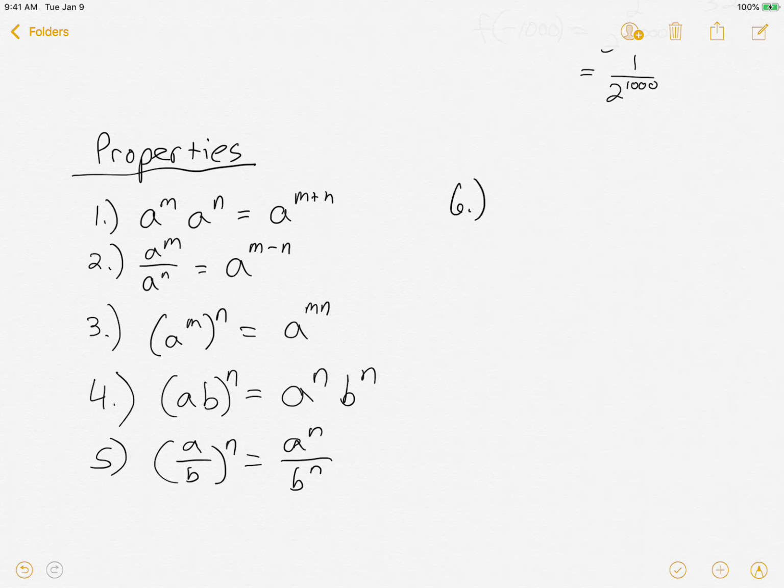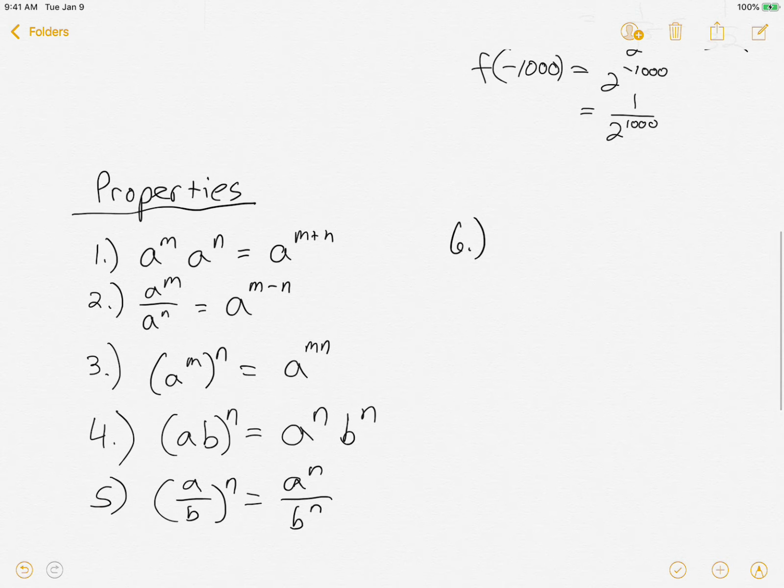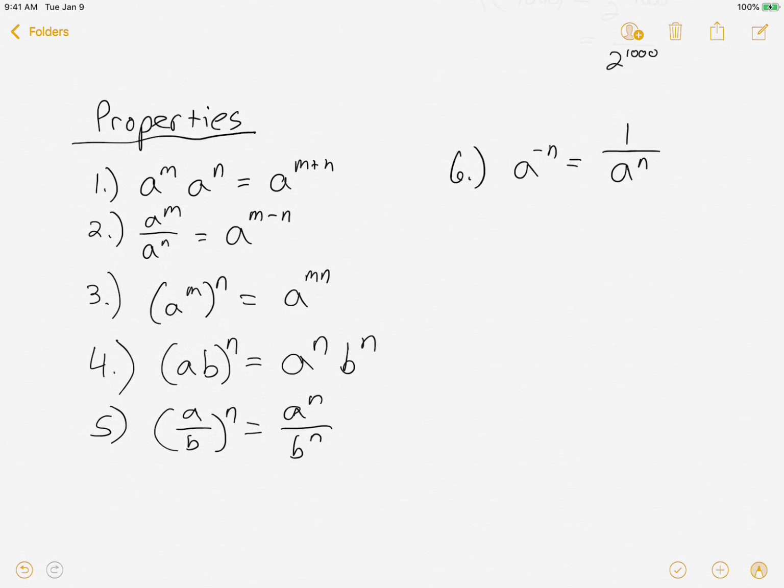Some very handy properties, and I used it on the example up here. Let's say you have a to the negative n. We can rewrite that as 1 over a to the n. And similarly, if you have a whole fraction raised to a negative power, we can flip the fraction and make the power positive.